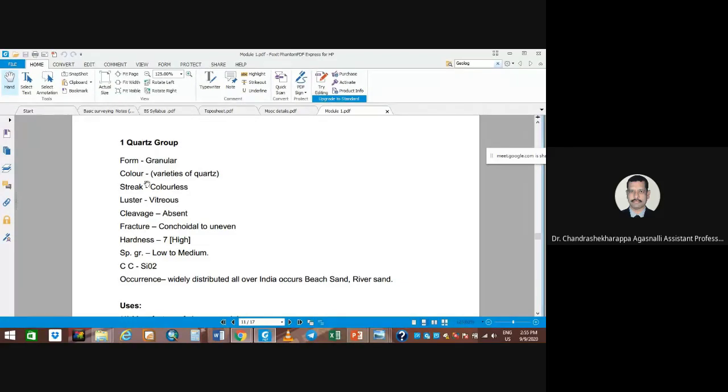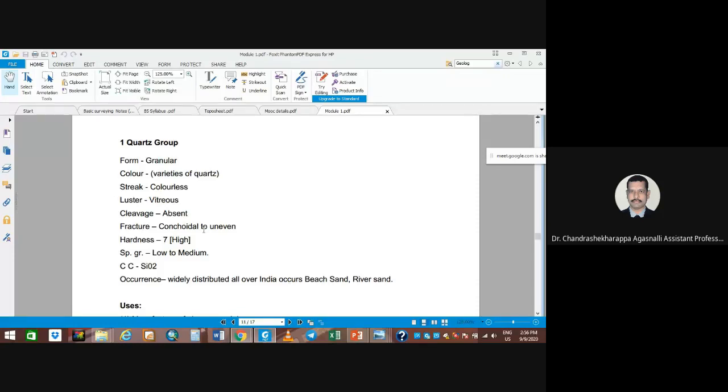I would say this quartz group of minerals, its form may be granular or crystalline, whatever. And color, varieties of color quartz we have seen there. Streak is colorless, luster is vitreous, cleavage is not there, it is called absent. And fracture is conchoidal to uneven. Some are showing the conchoidal fracture, some are showing the uneven fractures.